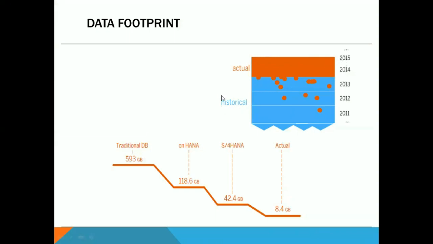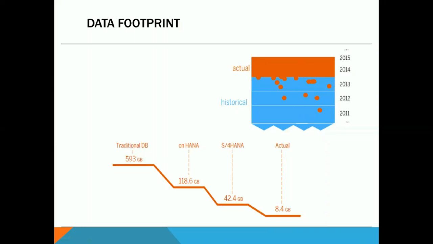The red one is nothing but your in-memory database. All the historical data is available in your cold storage, that is your HANA database, meaning 2011, 12, 13, 14, every data is available. Only the current year actuals are going to be available in memory.